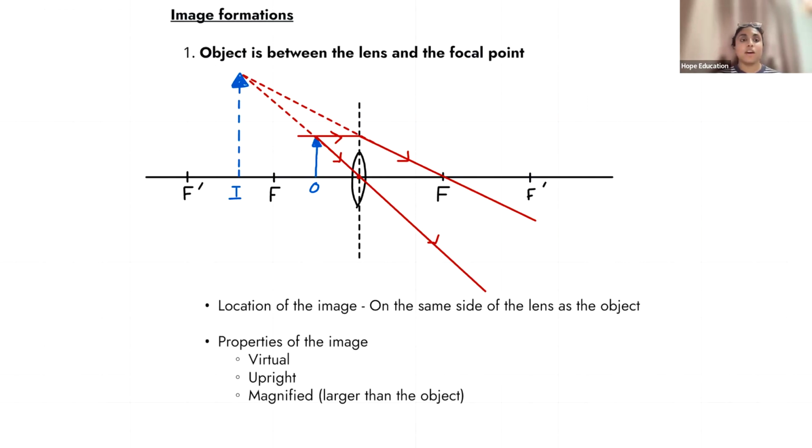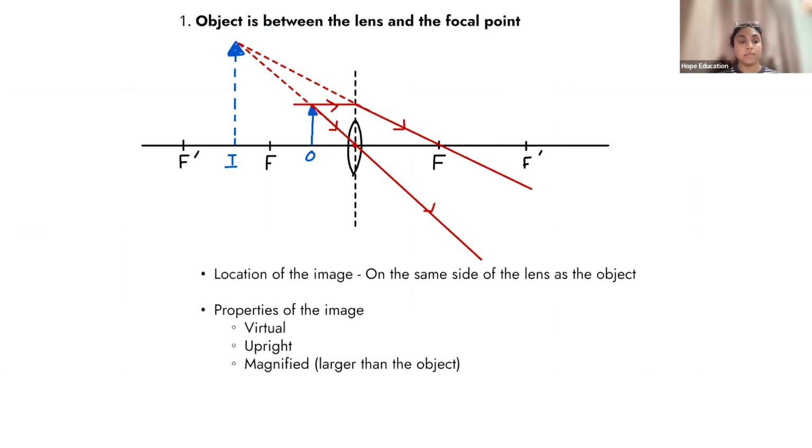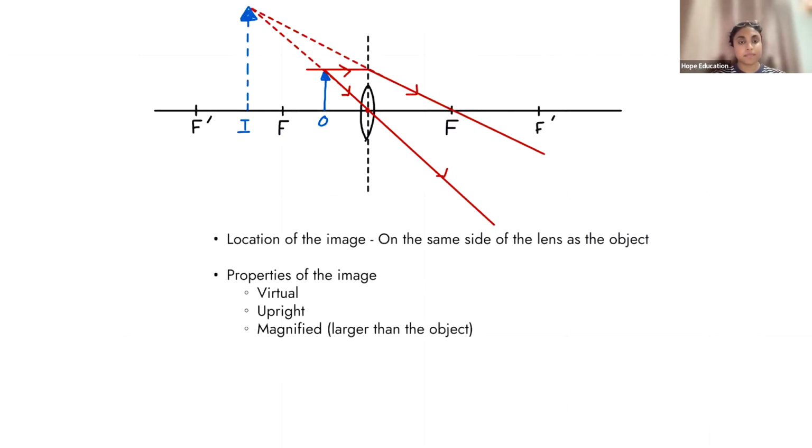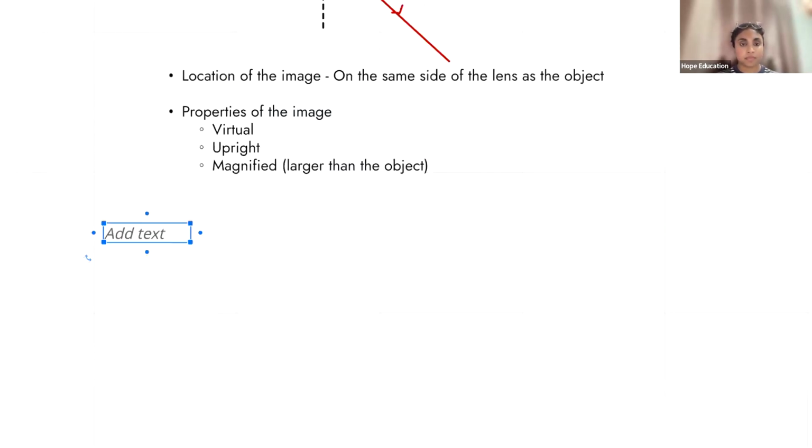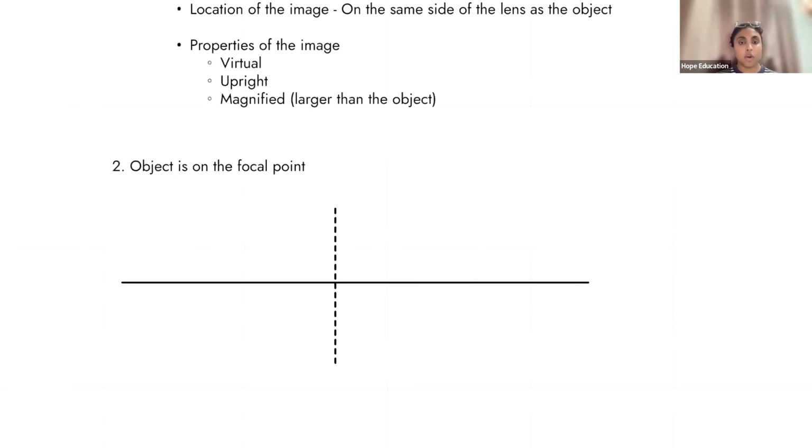Okay. Then our second instance, just look at the board. So we have our convex lens, we have the principal axis and all that.